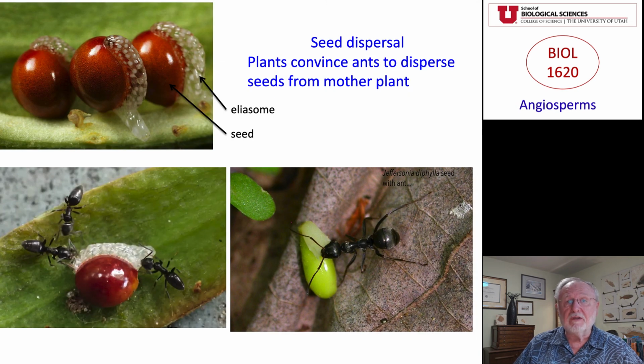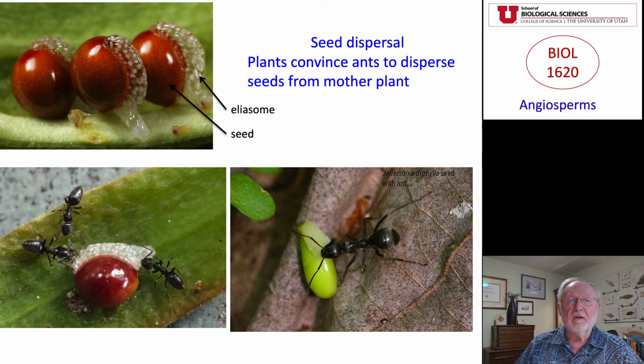One of the coolest, though, is looking at seed dispersal with ants. Here you see an ant and this slimy mess attached to it. That slimy mess is known as an elaiosome. And the elaiosome is a food resource for ants. So ants come, they pick up both the seed and the elaiosome, haul it off to their mound.